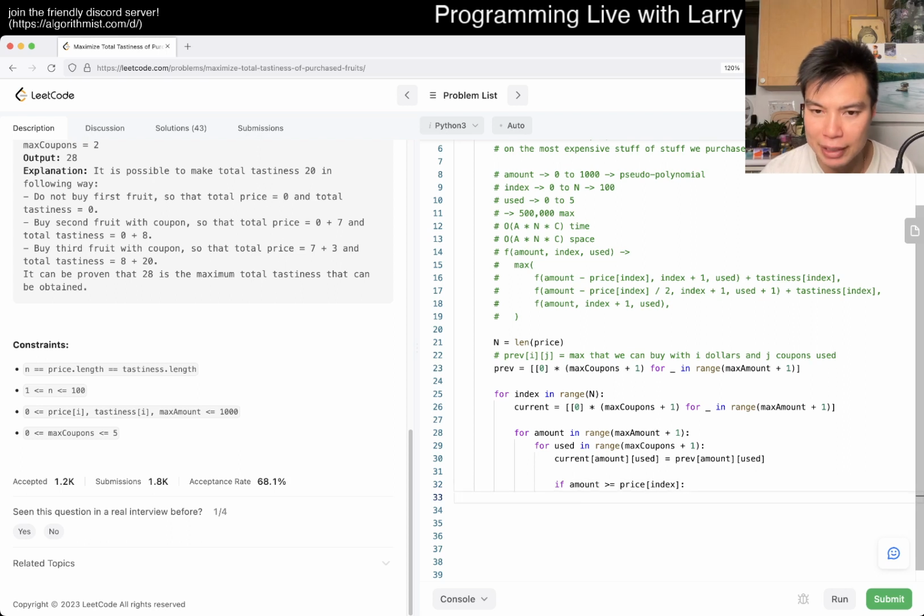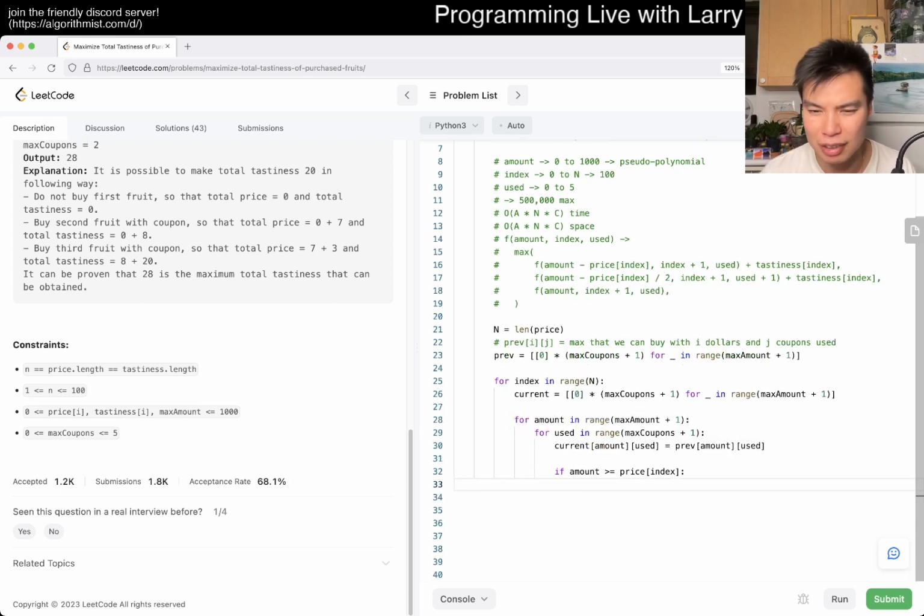Just creating more space for me, because on the bottom is always a little bit awkward. And then we see if we can, yeah, right.